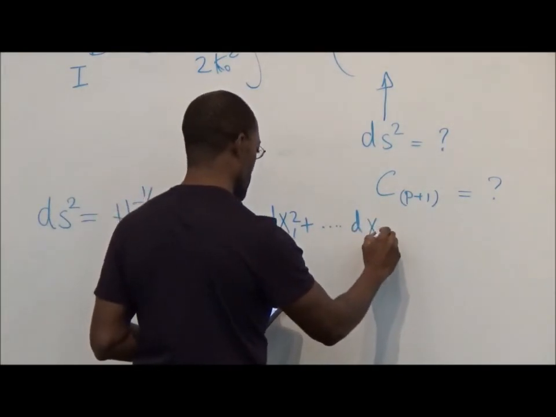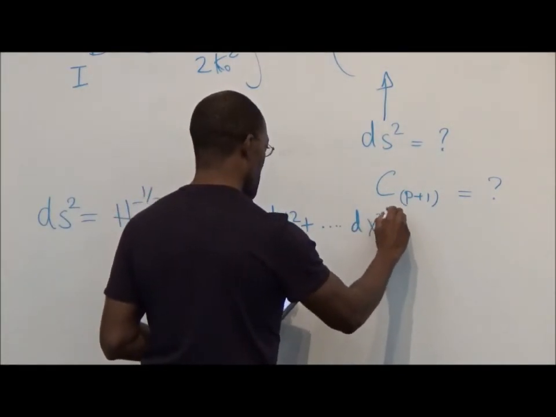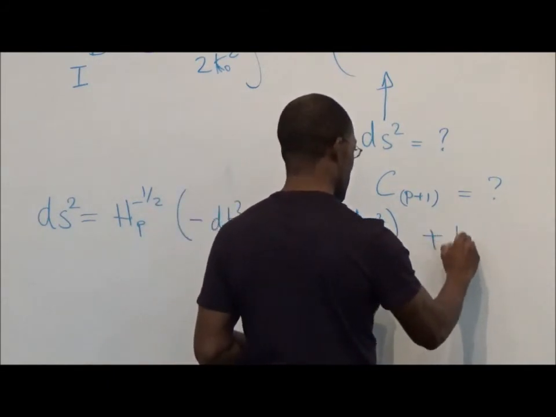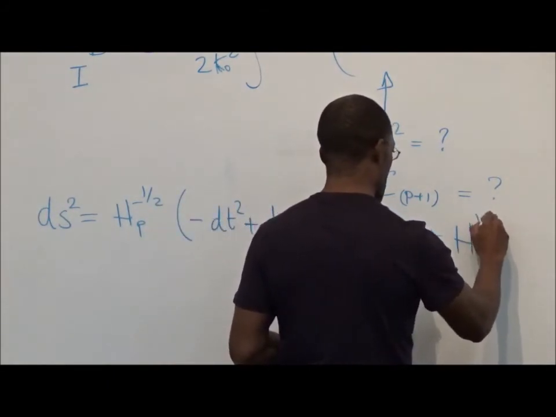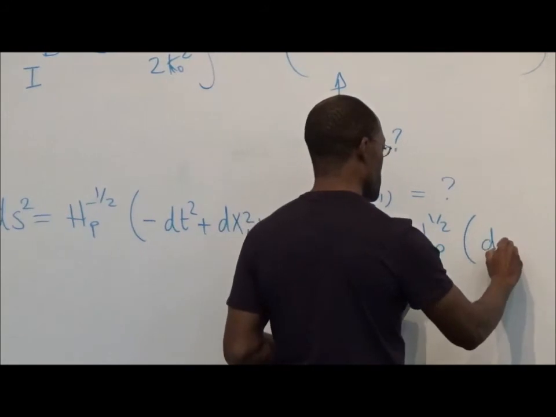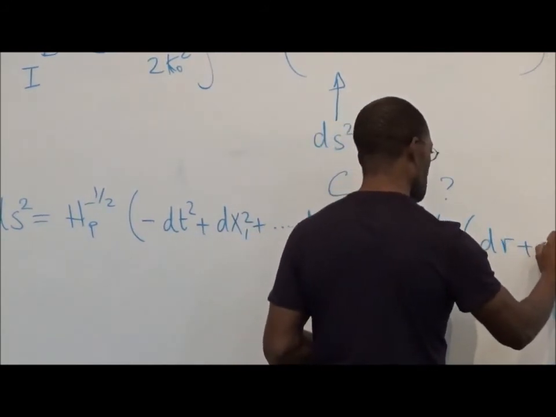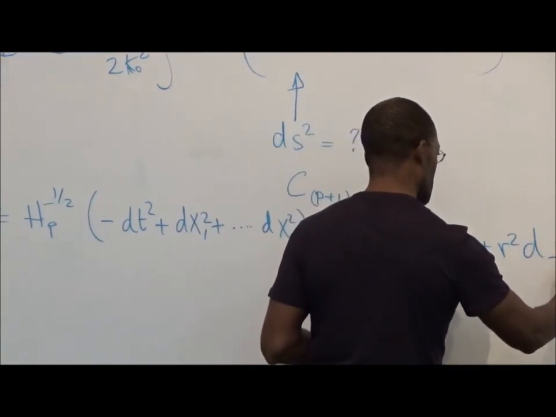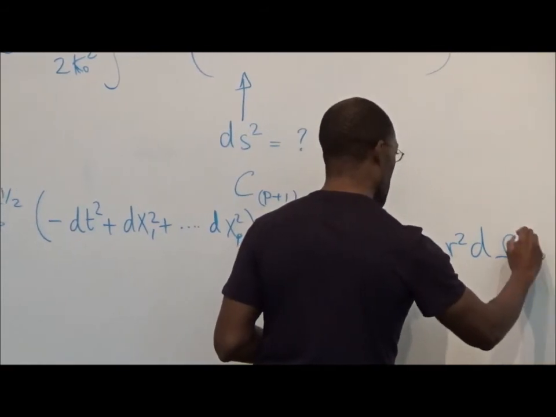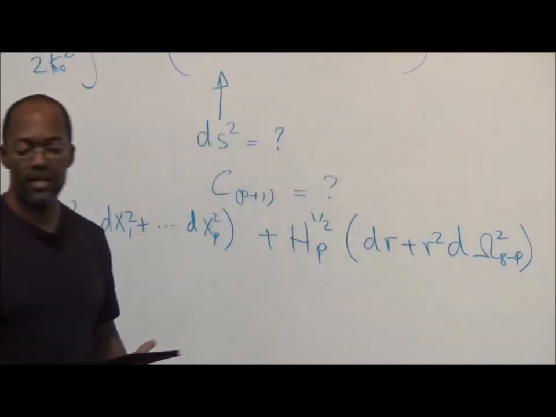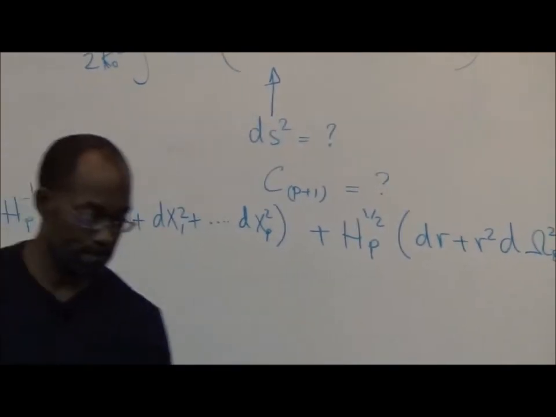I have space-time coordinates, and they split into two sectors. It's essentially the sectors that are along the world volume of the brane and transverse to the world volume of the brane.